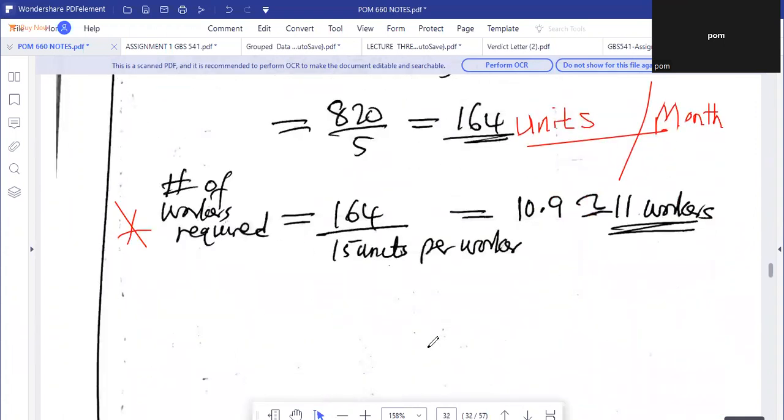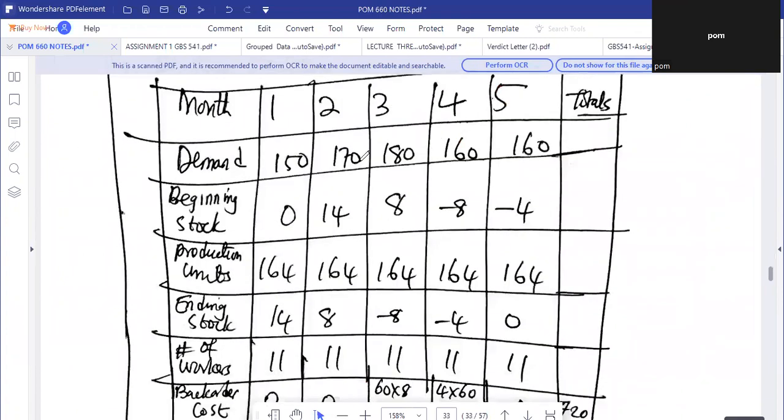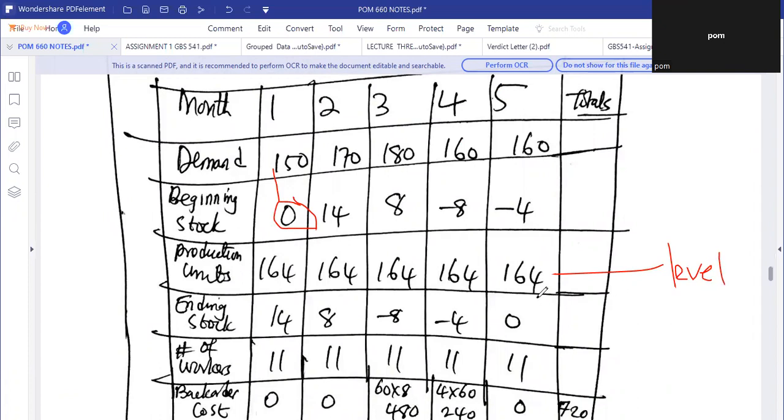All right then. So we need to come to the table here. These are months. Our demand units are these. Beginning stock is 0, but our production is on a level basis. The 164 is the one which we have found. So we say what we have started with plus how much we have produced. These two you add.